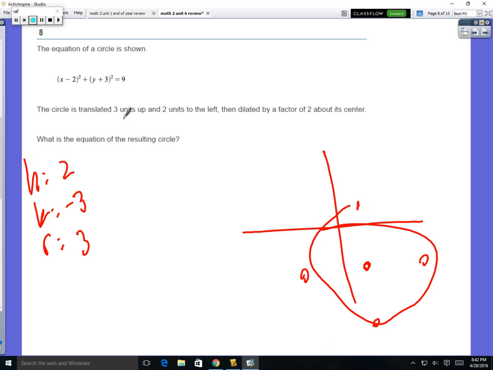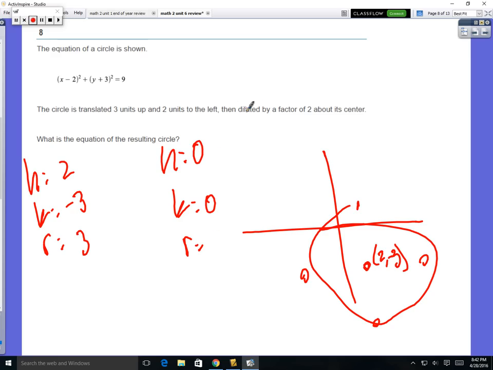If you shift it 3 units up, and then 2 units left, so 3 units up, right now this dot is at 2 and negative 3, so if I take it 3 units up, my new k is 0. If I go 2 units left, I'm already over 2 units right, so my new h is 0.